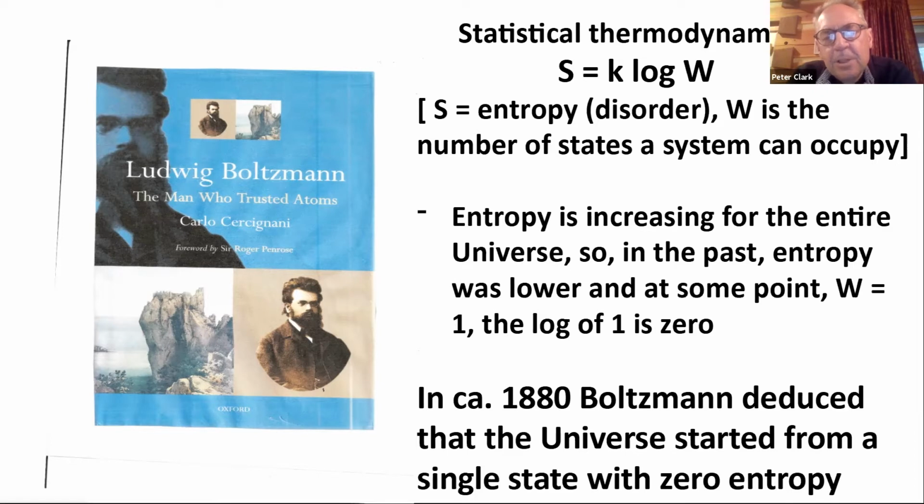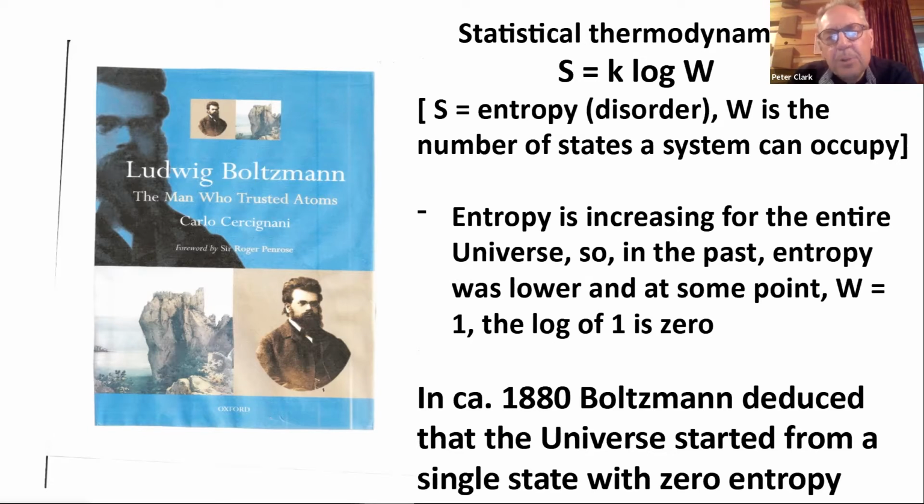And if you go to the extreme, then you can say that at some point you should have W equal to 1. Log of 1 in any base, this is the natural logarithm here, but log of 1 in any base is 0. So when W, the number of states of the system, is 1, then the entropy is 0.